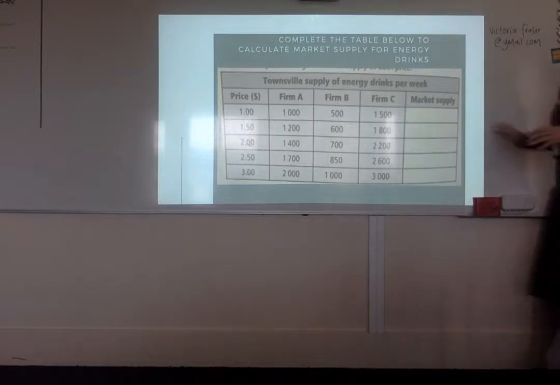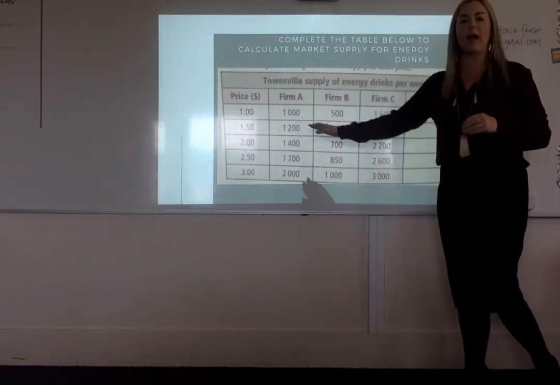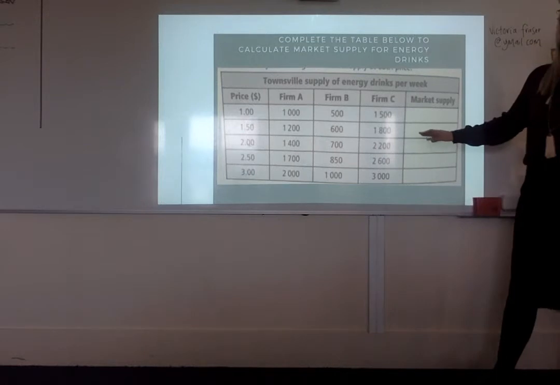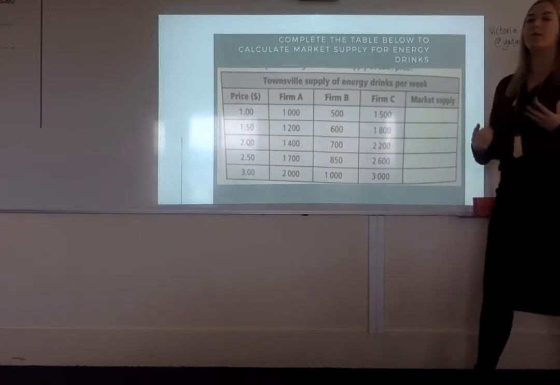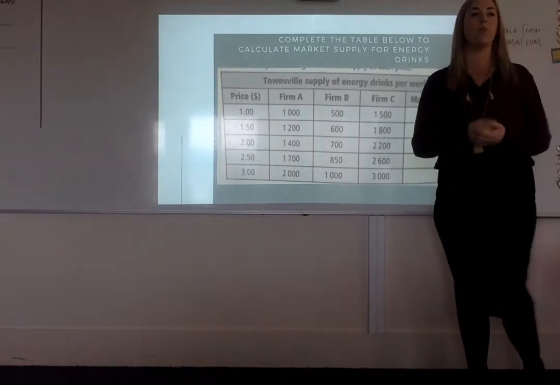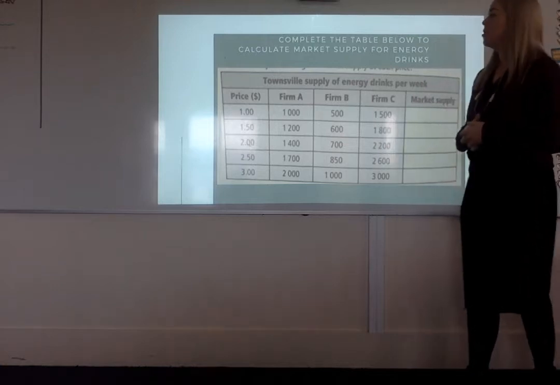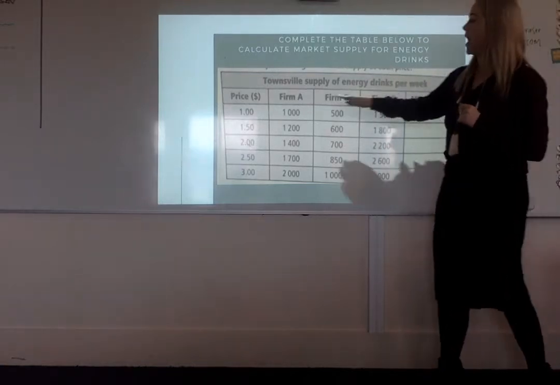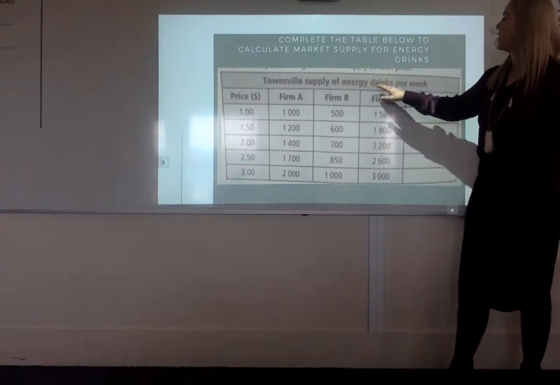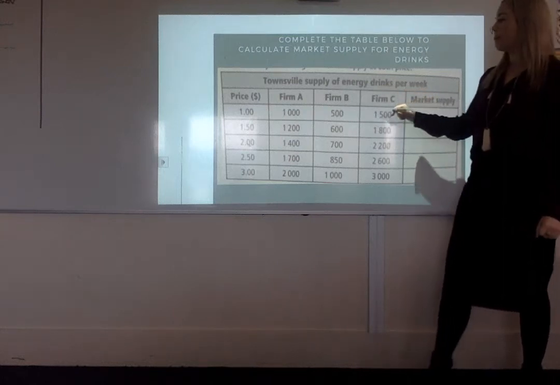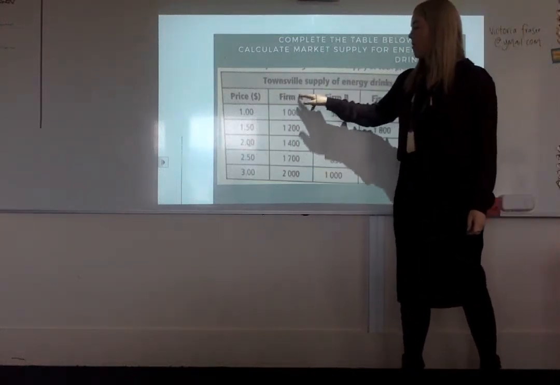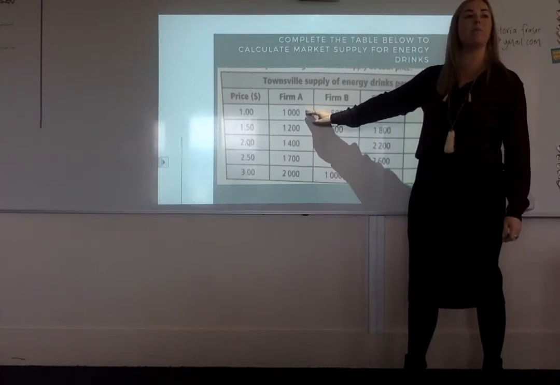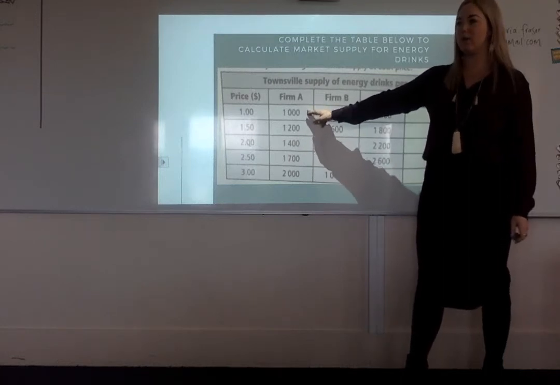So, for example, we would have a market supply table that looks like this, similar to demand, but remember it's about the producers and what they are willing and able to supply. So, this is showing us Townsville's supply of energy drinks per week. At $1, firm A is willing and able to supply 1,000 units.